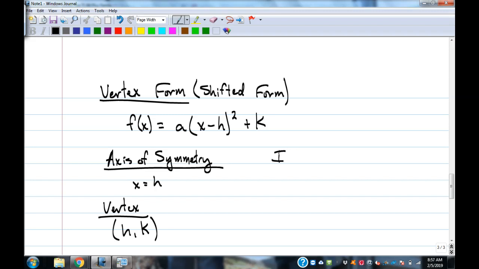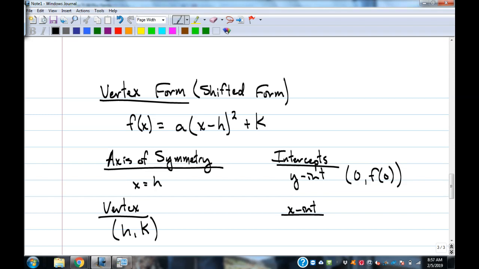Now, the intercepts, not quite as easy. For the y-intercept, we can't just look at C and get the answer. We actually do have to do the work of plugging in 0 for x and evaluating it. Not that that's a ton of work, but it's what we have to do in order to find the y-intercept. X-intercepts, how did we find them in standard form?